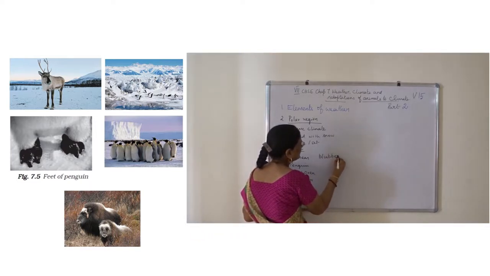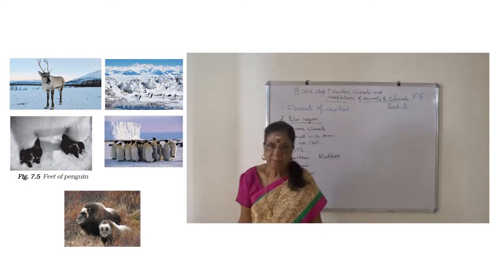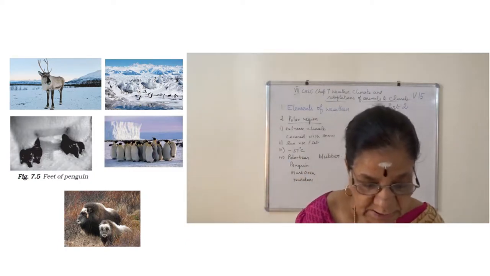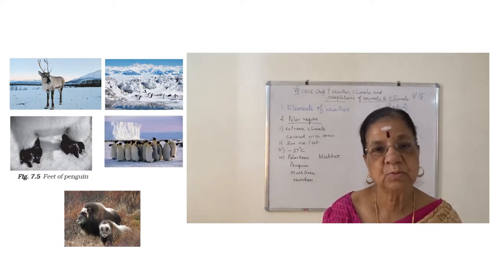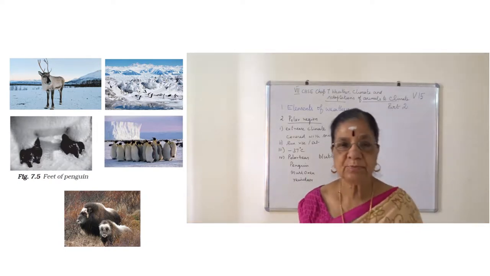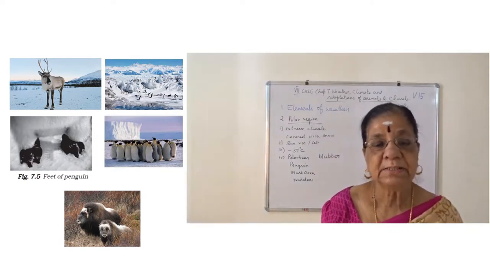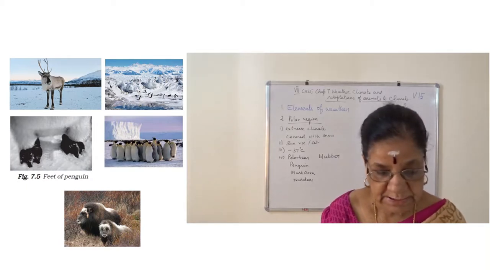The fatty skin is called blubber. This blubber insulates the body from cold and keeps it warm. This fatty skin acts as an insulator and keeps the polar bear's body warm.